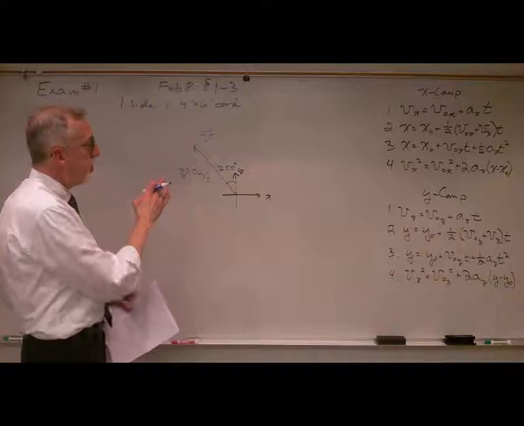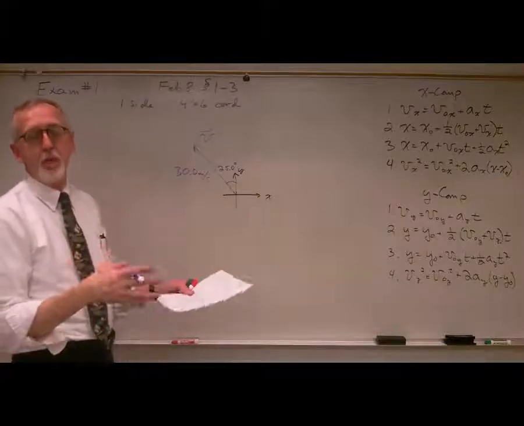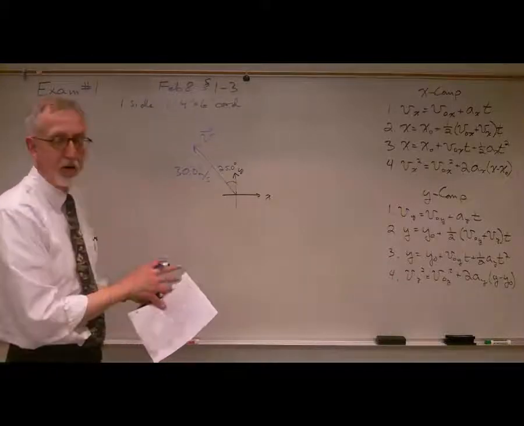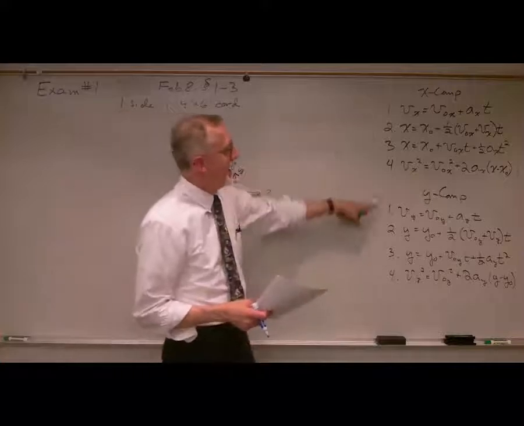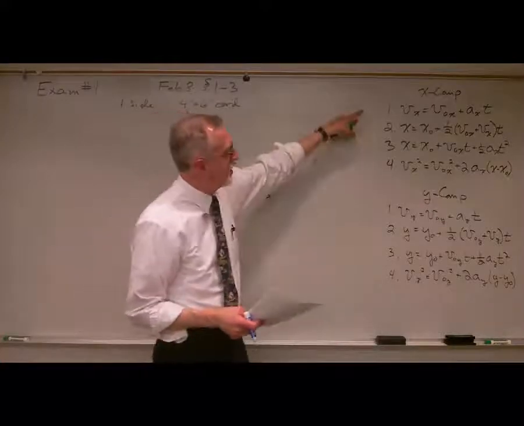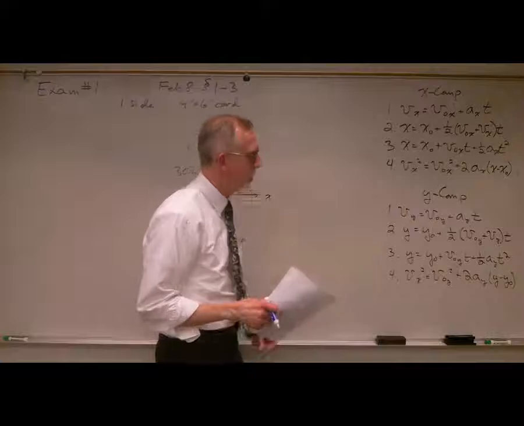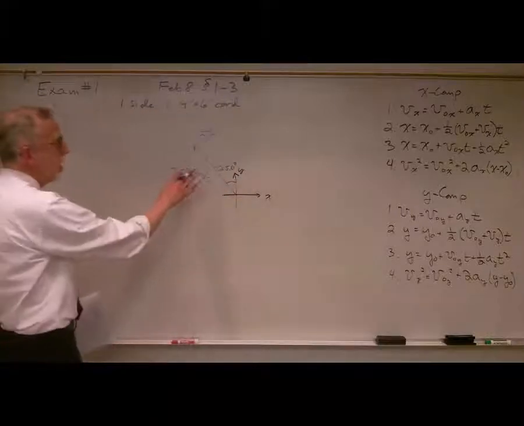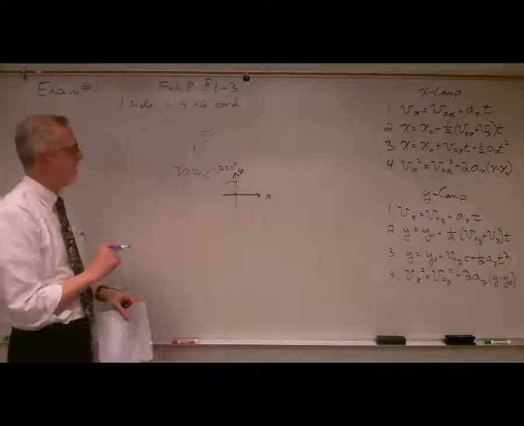Well, what are the components of our velocity? Remember, we always need the components to use in our equations, and I've got our 8 kinematic equations over here, our 4 x components, our 4 y components. So what are the components of our velocity vector here?